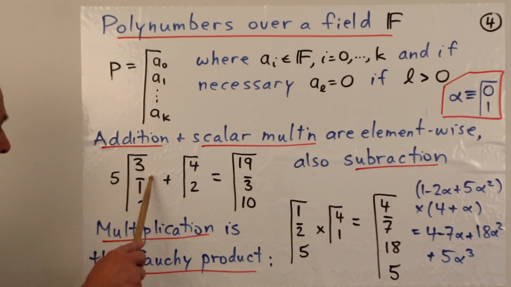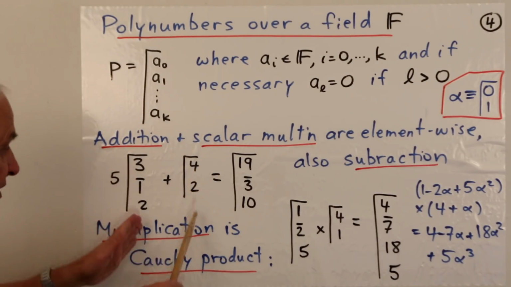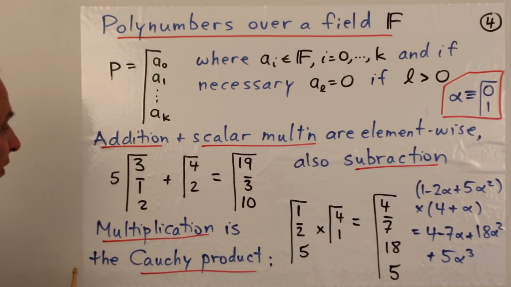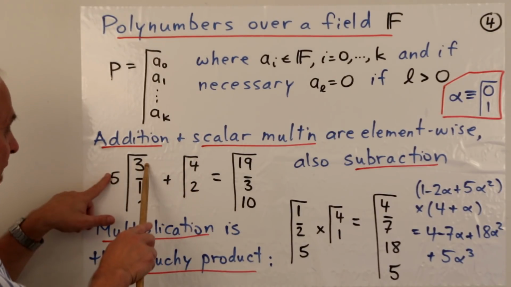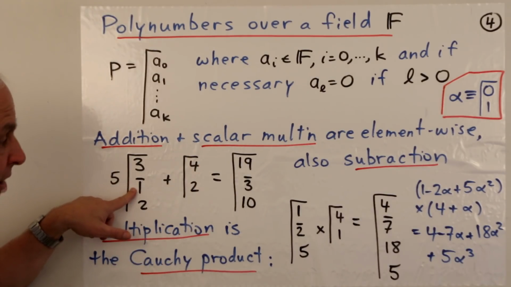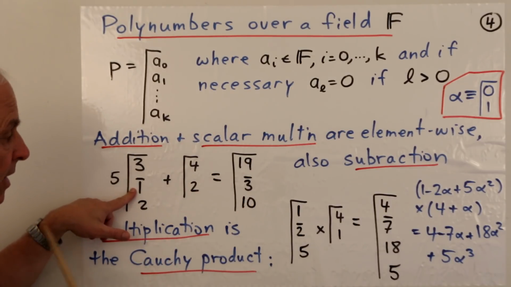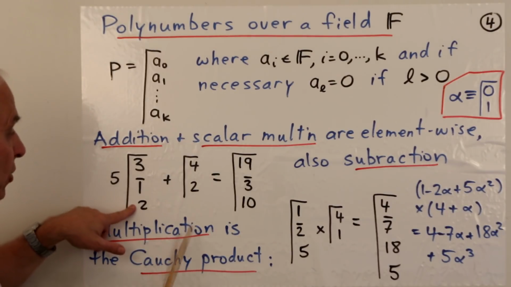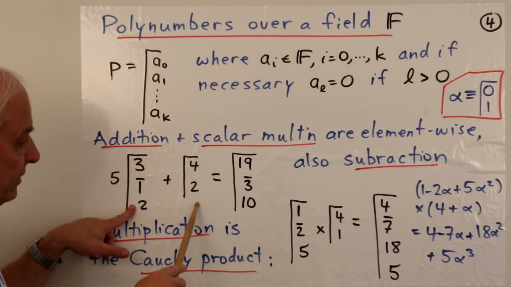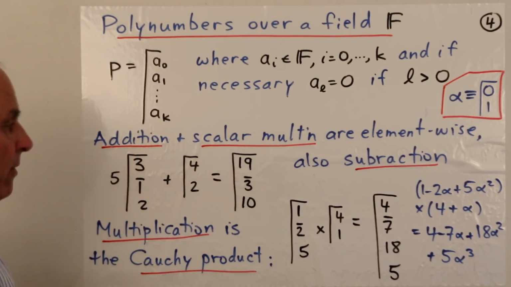So suppose we have 5 times the polynumber 3, 1 bar, 2, and we want to add that to the polynumber 4, 2. These are different sizes, but that doesn't bother us. We add component-wise. 5 times 3 plus 4 is 19. 5 times 1 bar is 5 bar. If we add 2, we get 3 bar. And then the next row is 5 times 2, and there's nothing here, so we just think of that as being 0. So 5 times 2 is 10. So there's the sum and also the scalar multiple exhibited that way.